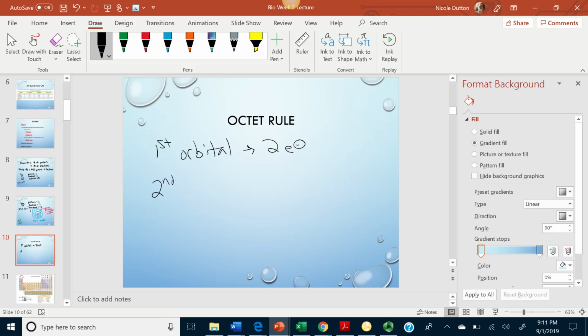The second and subsequent can hold a maximum of 8 electrons. Again, in this next section that's coming up, we're going to talk about how these form bonds, what ions are, and ionic, covalent, and hydrogen bonds.